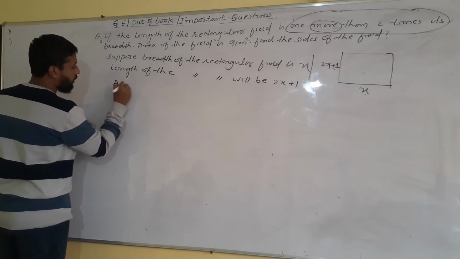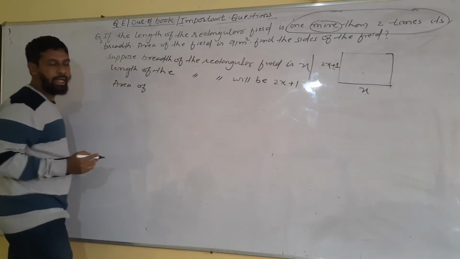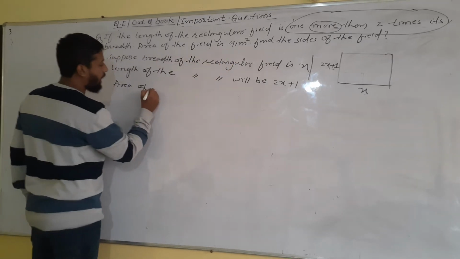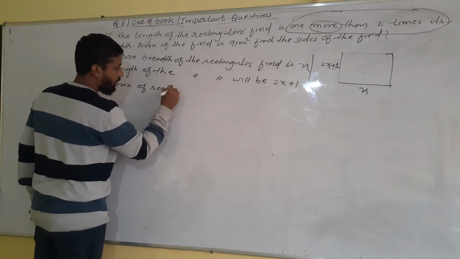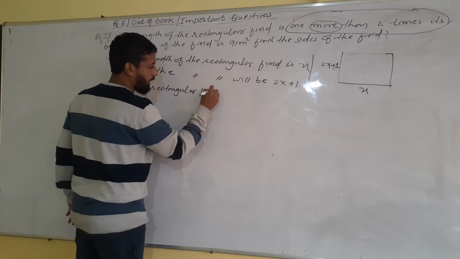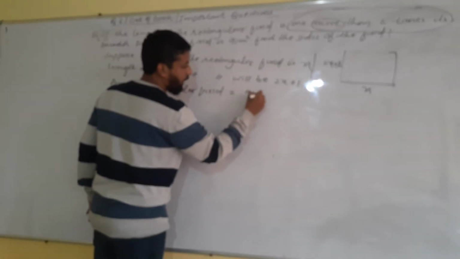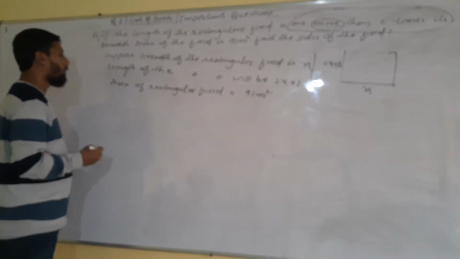Now area of the rectangular field is given in the question. Area of the rectangular field is 91 meter square.